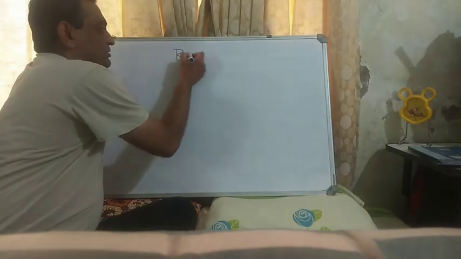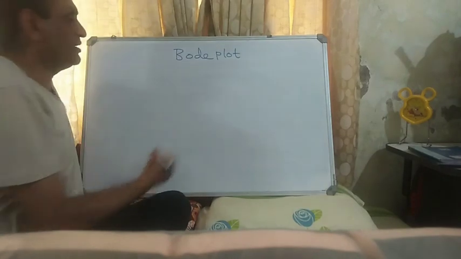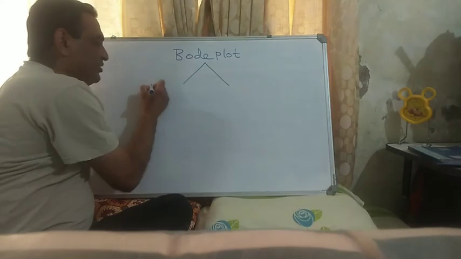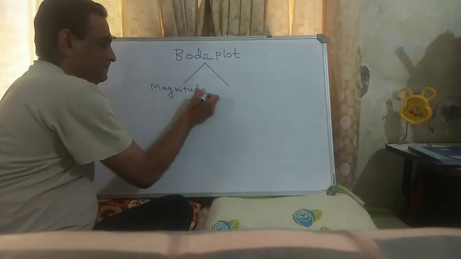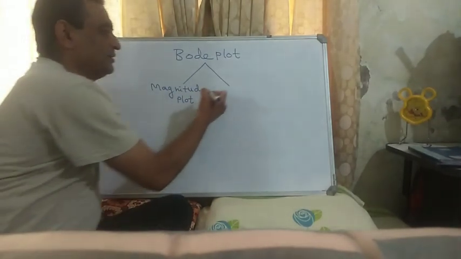So if I look into the Bode plot, it consists of two plots. One is the magnitude plot, and another is the phase plot.